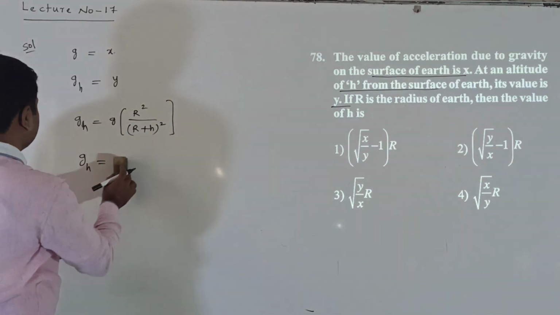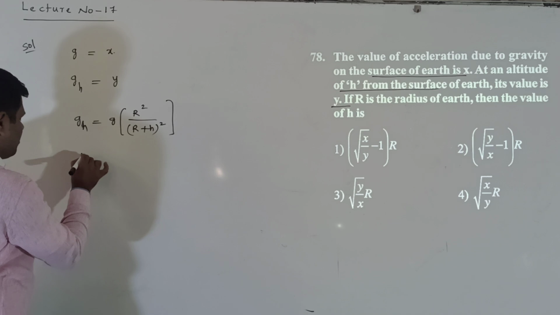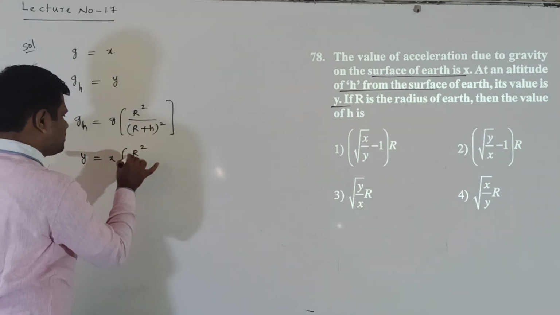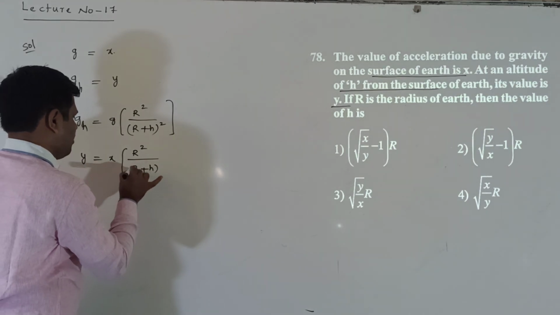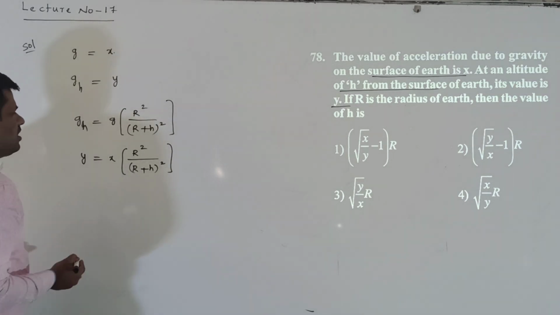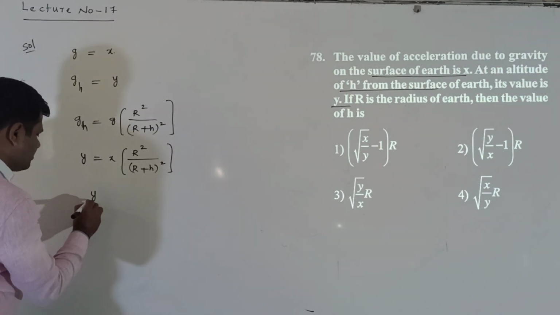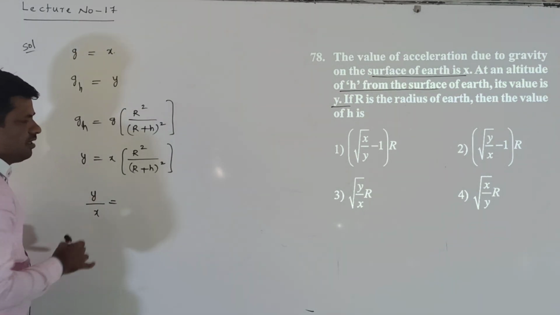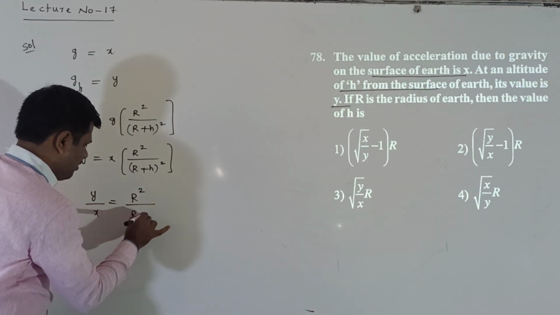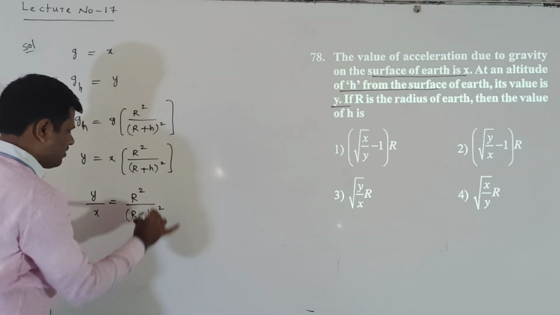Gh is equal to y, equal to x into R square by R plus h whole square. Now I am writing it like this: y by x is equal to R square by R plus h whole square.